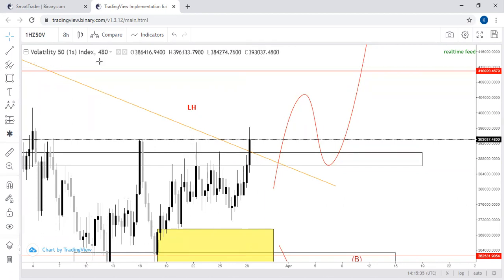Equilibrium is an area where price is fighting to break out, or where price is trying to gather momentum from there.